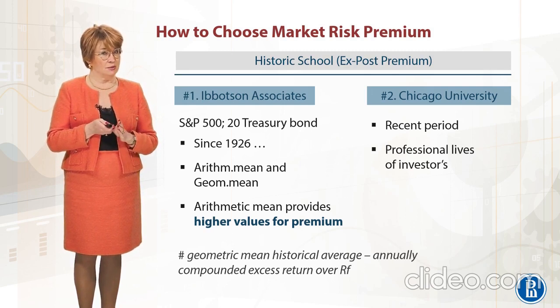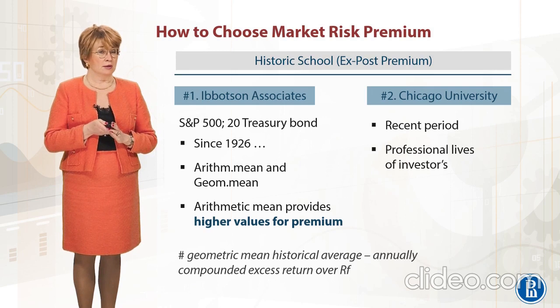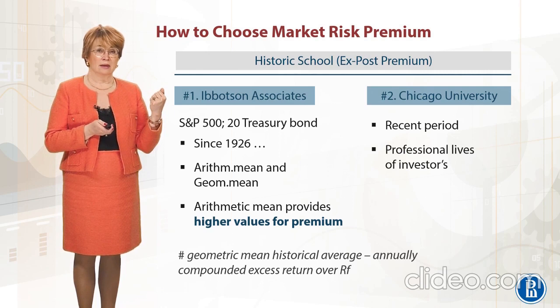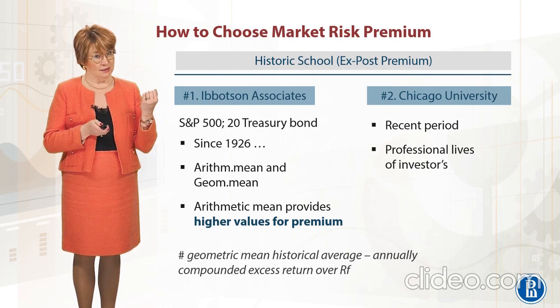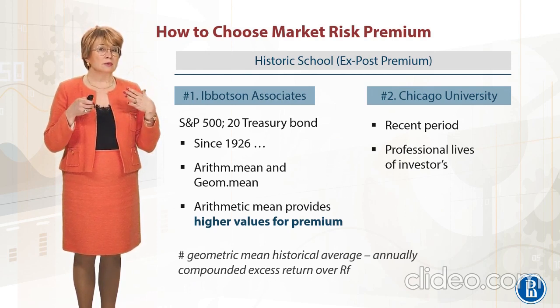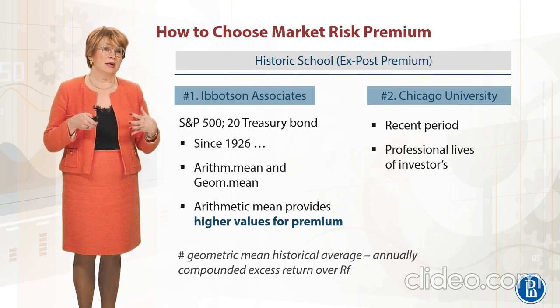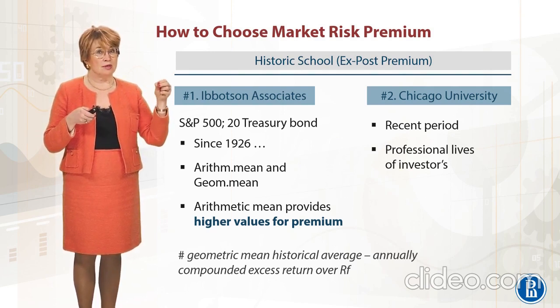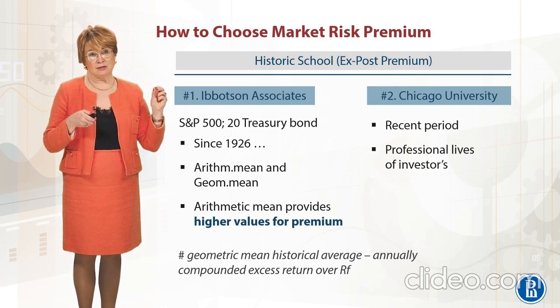They both stick to the historic school, and it means that to understand the market risk premium, you need to go to the past data and observe the actually existing market risk premiums, and then, taking those historical data, derive the average market risk premium from the past period.